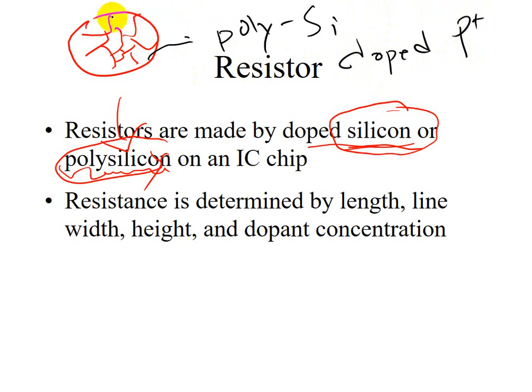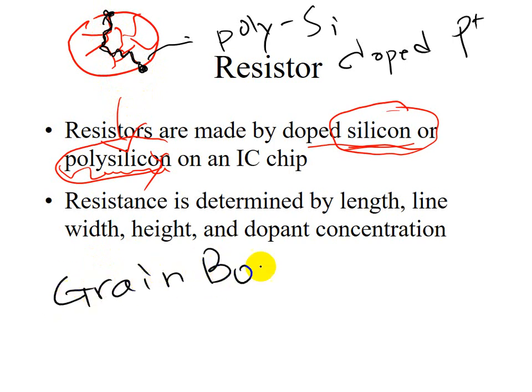Those phosphorus ions will travel from one point to another point along the grain boundary. This is so-called grain boundary diffusion.